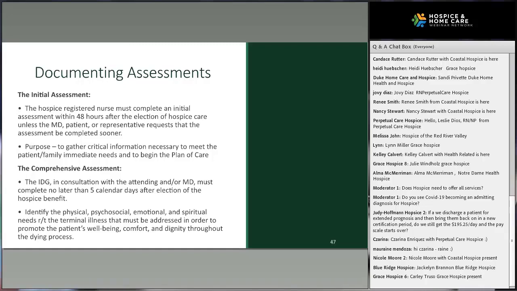Then we have the comprehensive assessment, which is the IDG in consultation with the attending physician and also the medical director. It's completed within 5 calendar days after the election of the hospice benefit. And actually, this is pulling together the physical, the psychosocial, the emotional, and spiritual needs related to the terminal illness.